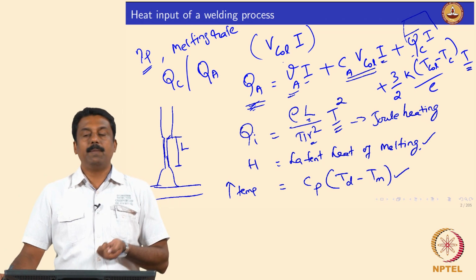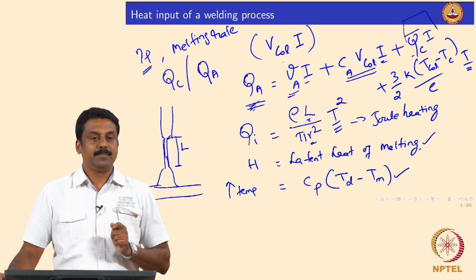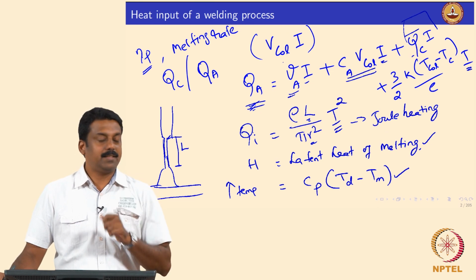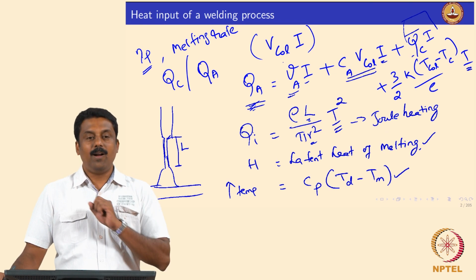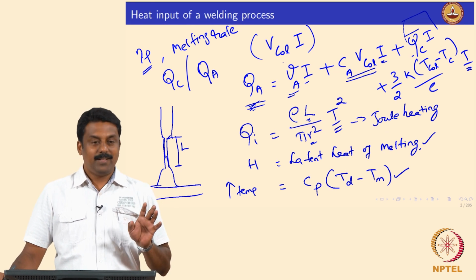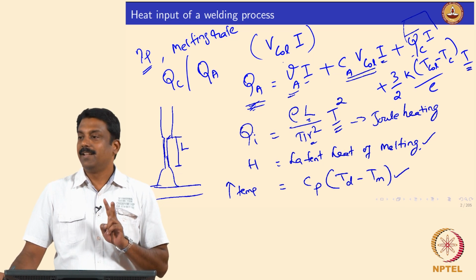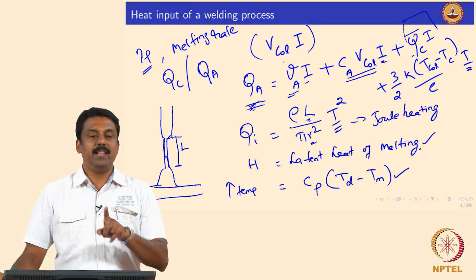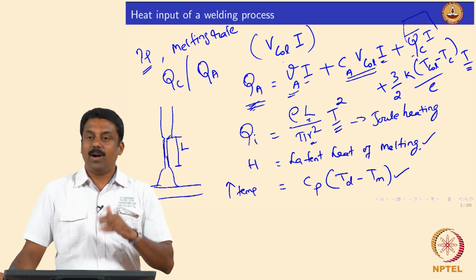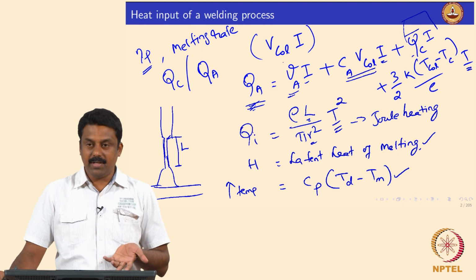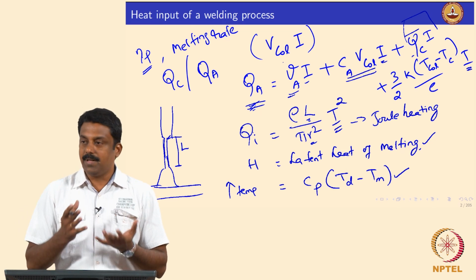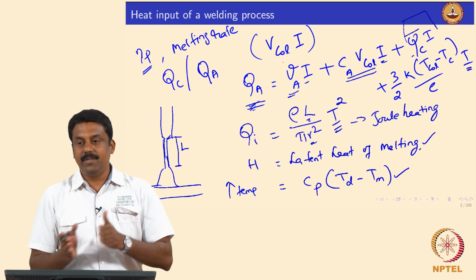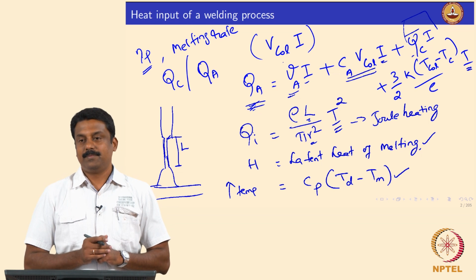Suppose I give you 1.2 mm diameter carbon steel and I ask you to weld using GMAW with argon as a shielding gas. All other things are fixed. Only two parameters you can vary, current and stick out length, to change the melting rate. So most welding process specifications, when you generate them for a given diameter wire for a given process, we generate as a function of these two parameters, stick out length and current.